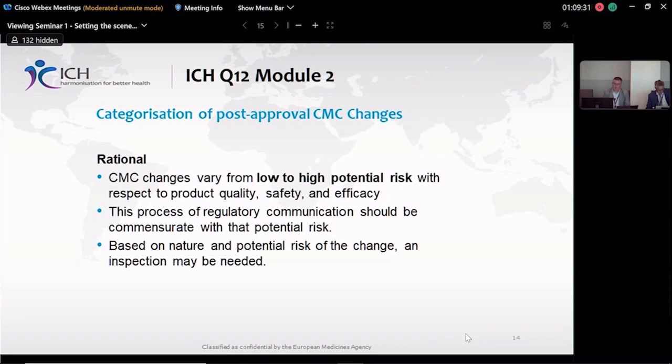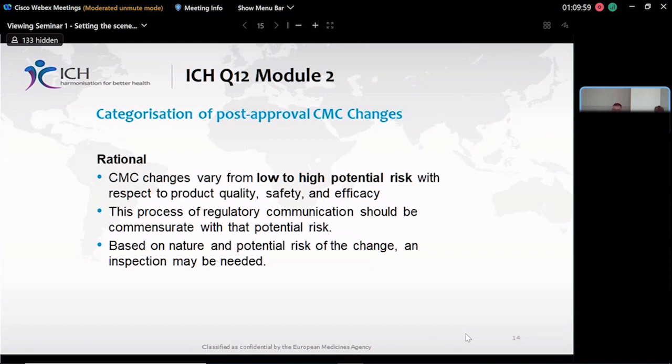So the rationale underpinning this is that CMC changes vary from low to high potential risk. Mostly we're talking about a risk to product quality. Also safety and efficacy are very important components, because the quality, safety and efficacy are the three pillars on which marketing authorization is built. The process of regulatory communication should be commensurate with that potential risk.